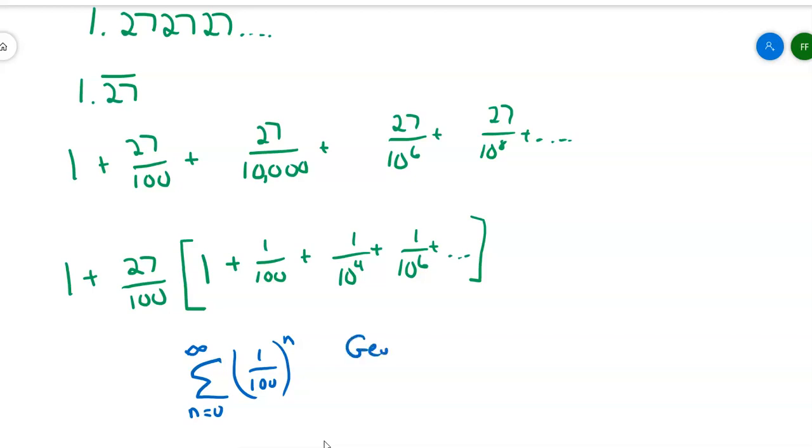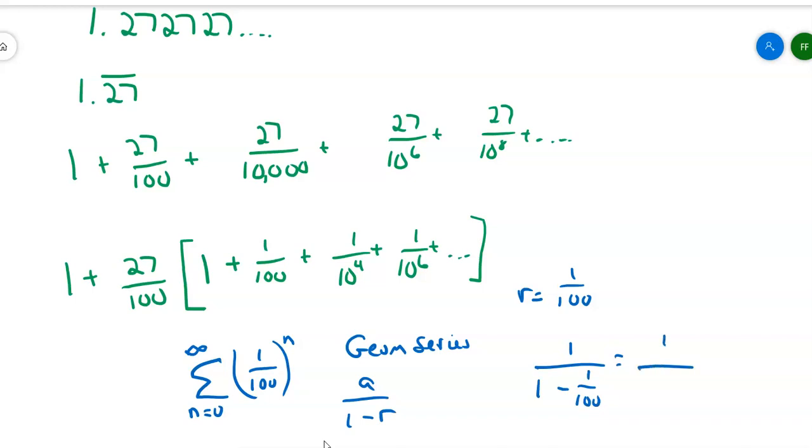It's a geometric series that converges to a over 1 minus r, and I know that because the ratio is 1 over 100, and 1 over 100 is clearly less than 1. Okay, so the first term is 1. The constant ratio is 1 over 100, so that gives me 1 over 99 hundredths, which is 100 over 99. So everything that's in that green bracket adds up to 100 over 99.